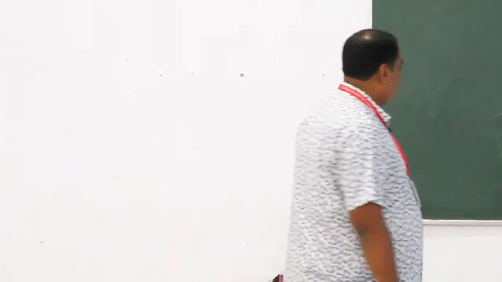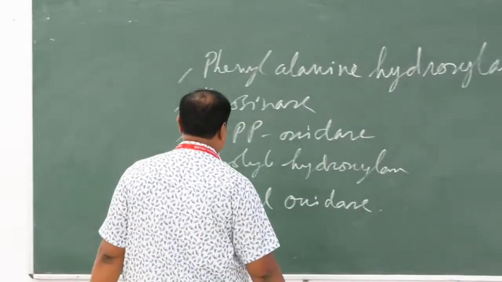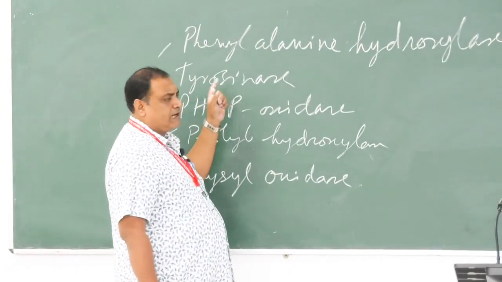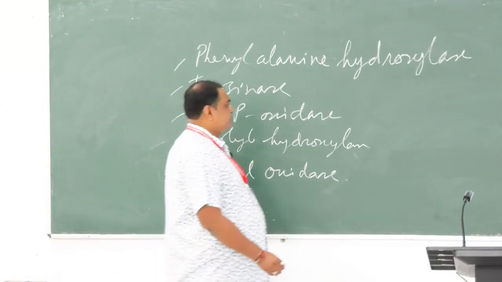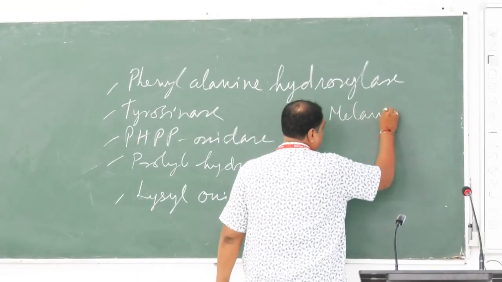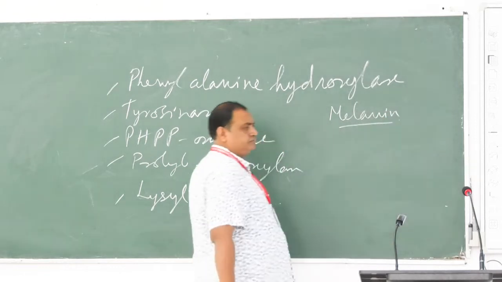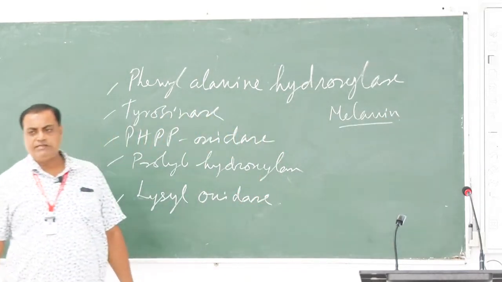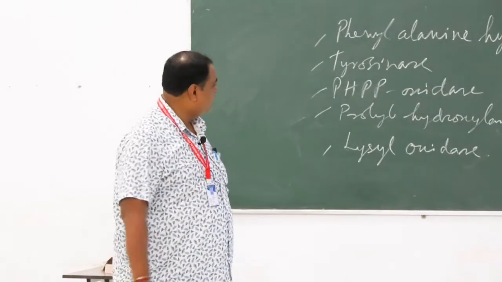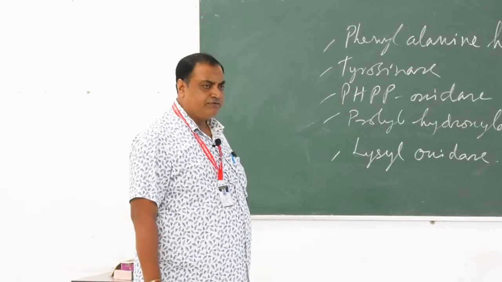Now, this reaction requires vitamin C, the tyrosinase reaction requires vitamin C. All these are important for production of certain compounds called melanin. A deficiency of vitamin C may give rise to lack of synthesis of melanin.